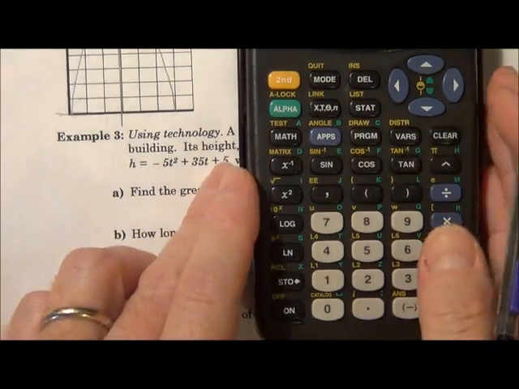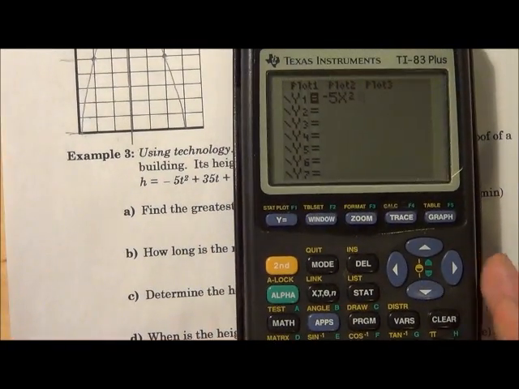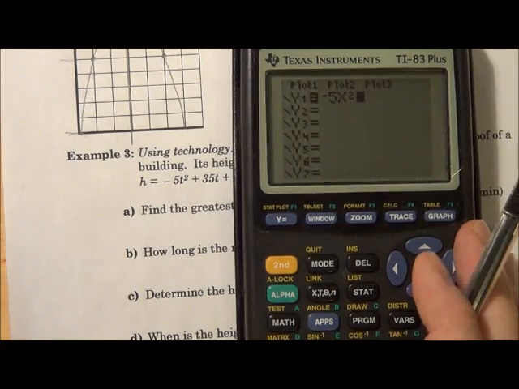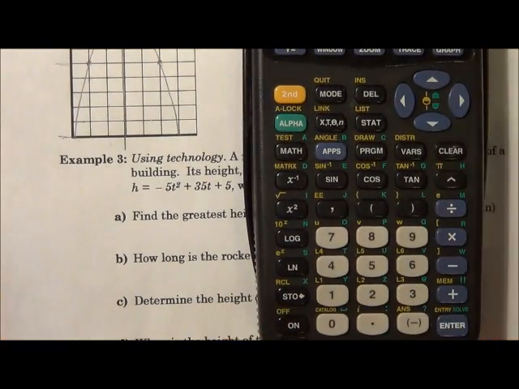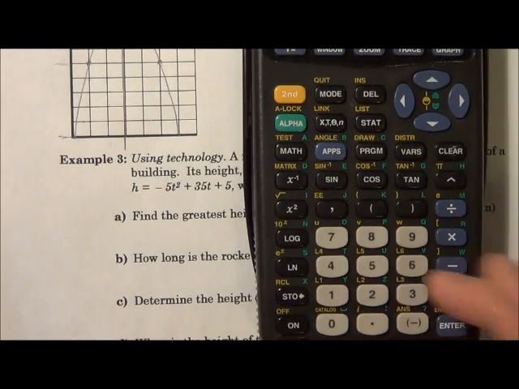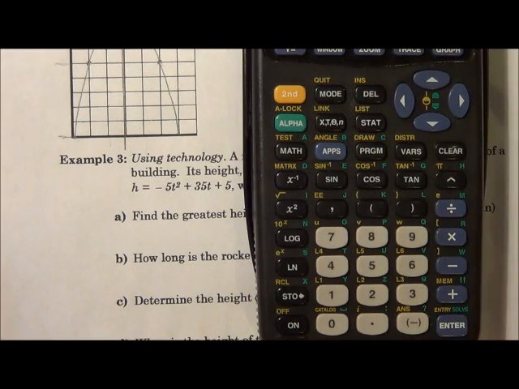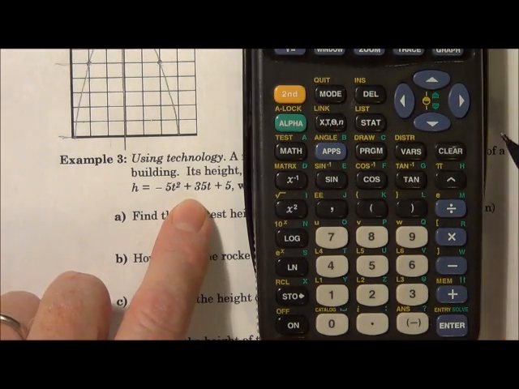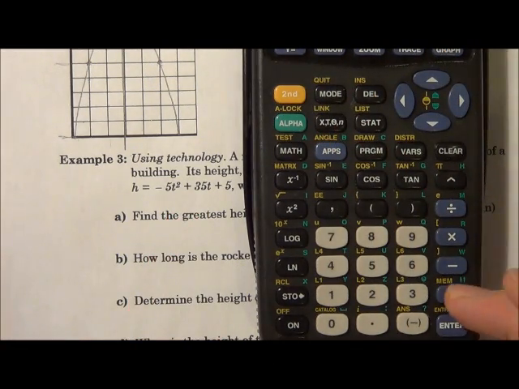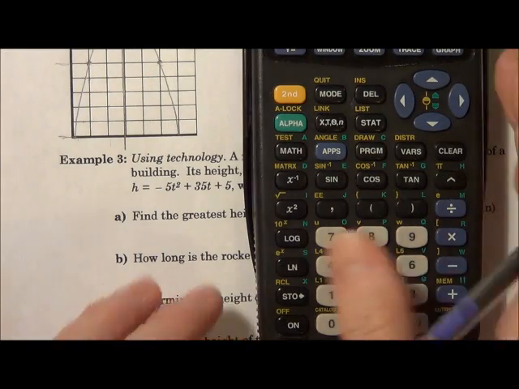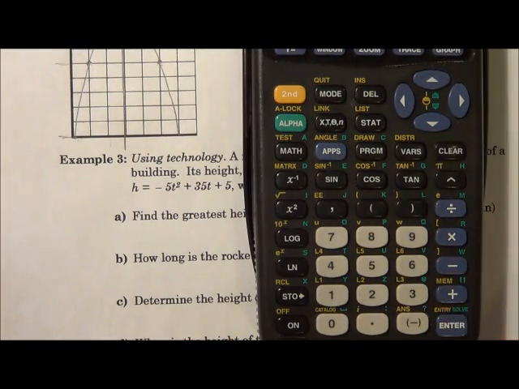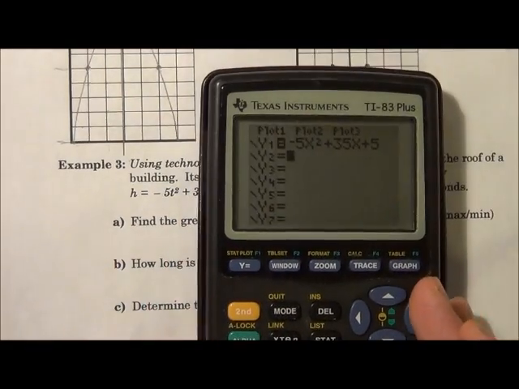So negative 5x squared. Then we push plus 35, and the X,T,theta,n button again for the next variable. In the equation it's t, but on the calculator it's x, and then plus 5. Then press enter, and that is registered.